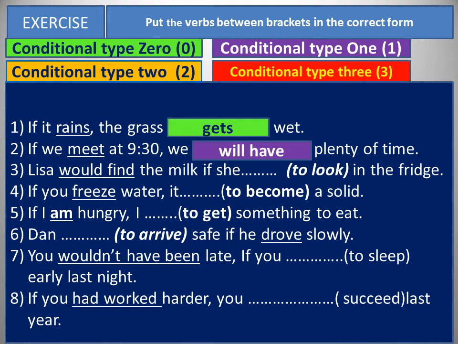Example number 3. Lisa would find the milk if she, and we have the verb to look, in the fridge. So what is your answer? Lisa would find the milk if she looked in the fridge. So this is conditional type 2.